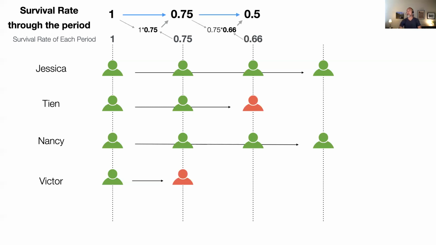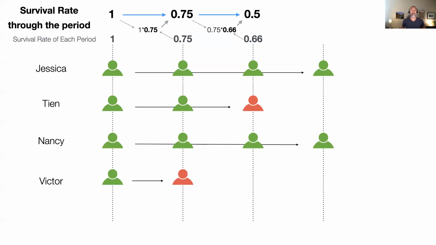The same thing for the next month, the third period. We multiply the survival rate up to the previous month, the second month, which is 0.75, and the survival rate for the third month, which is 0.66. So we multiply 0.75 by 0.66.